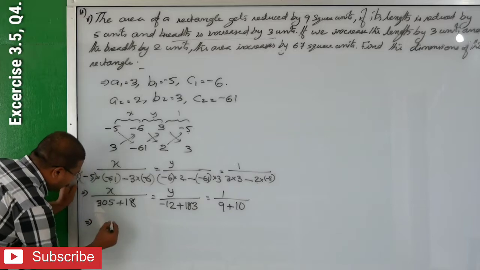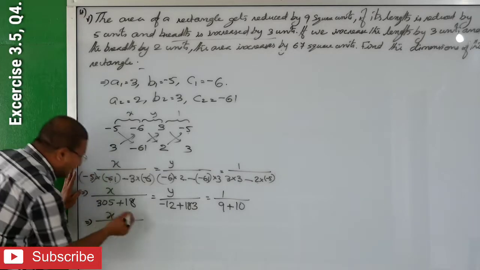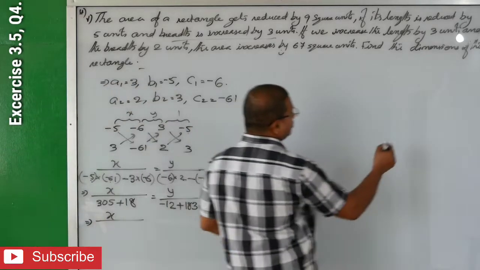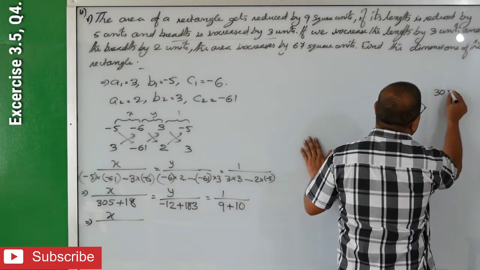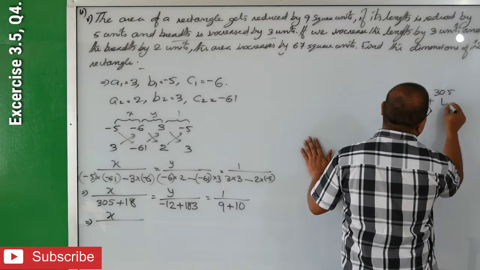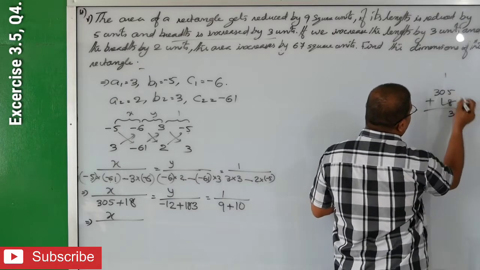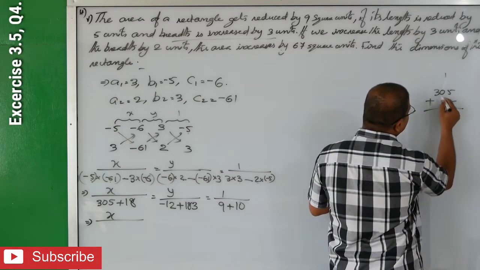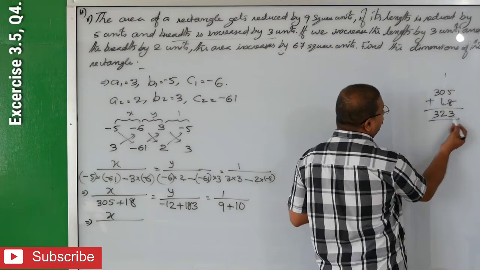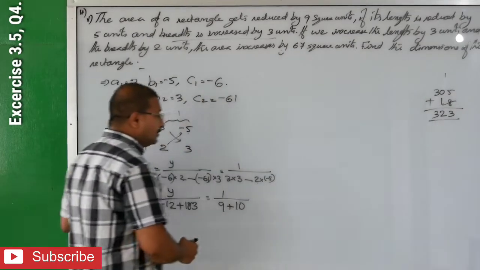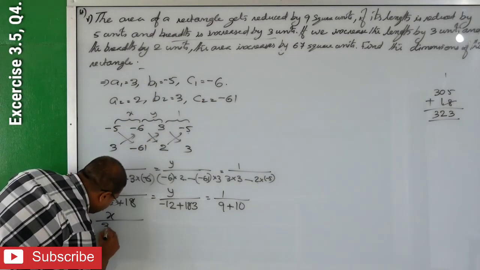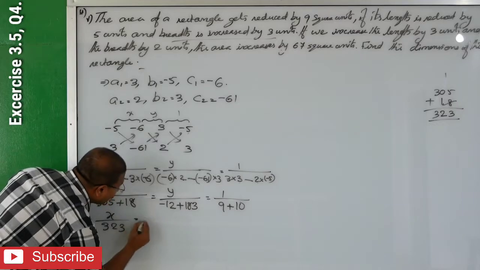This implies x divided by, we will add this. That means 305 plus 18. 5 plus 8, 13, 1 in hand. Now 1 plus 1, 2, and 3. That means 323. Ready? So we'll write here 323 equals y by.